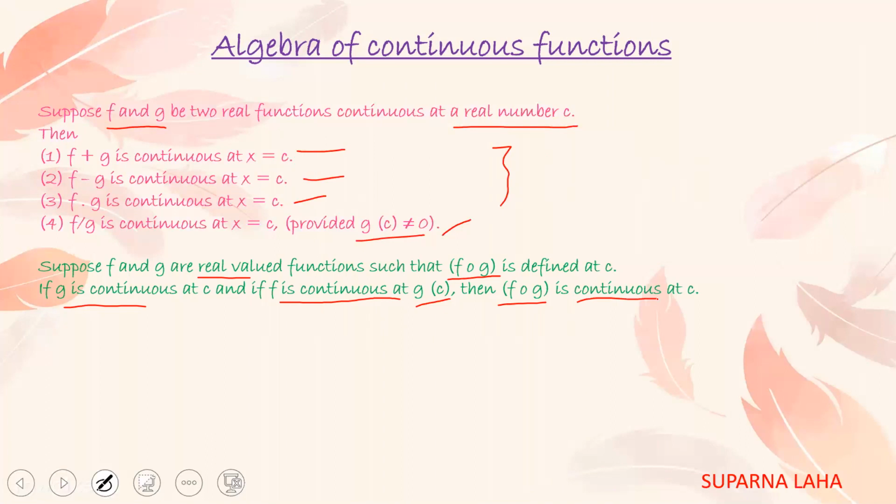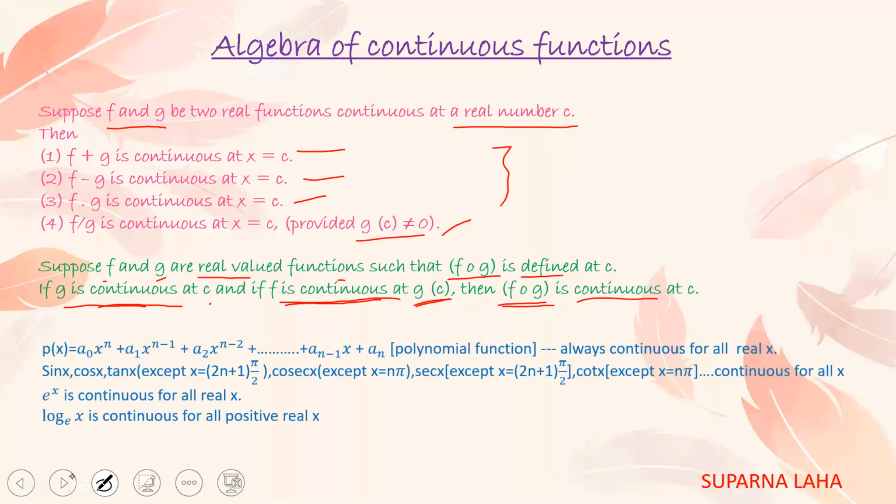So to define the function, you need that f and g are defined. Then for g continuous at c and f continuous at g of c, this function f composition g will be continuous at a real number c.